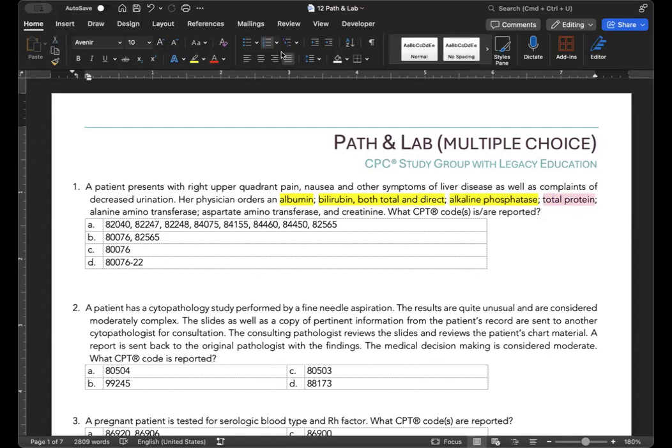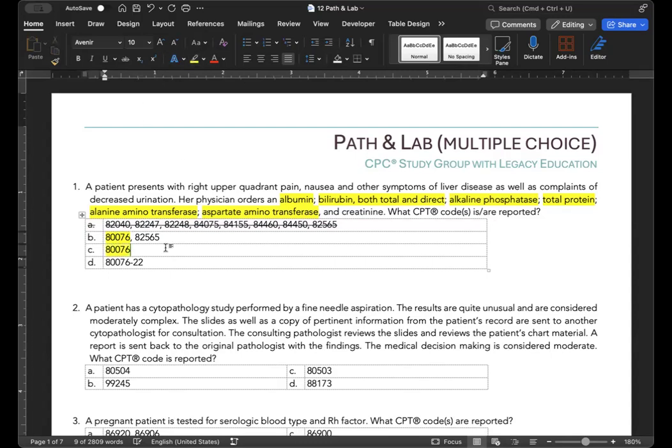It has to include transferase alanine amino, and then the transferase aspartate amino. So we know that 80076 has been met. So we're not going to report everything separately, and we have enough to report 80076.